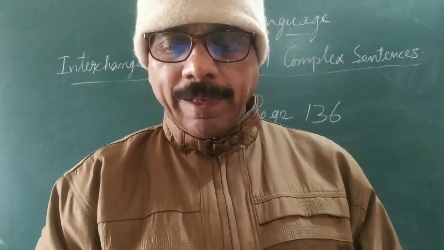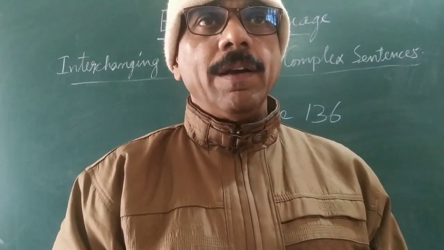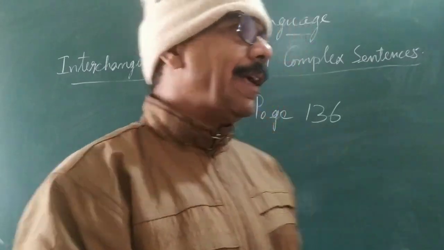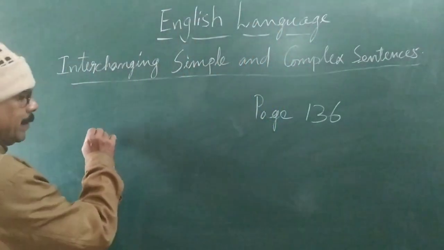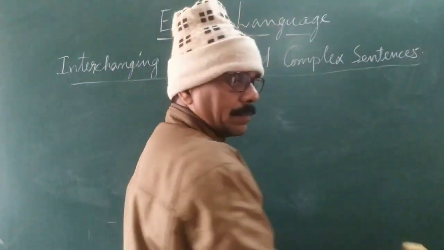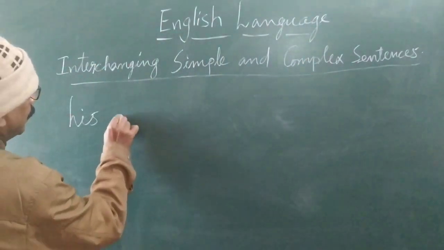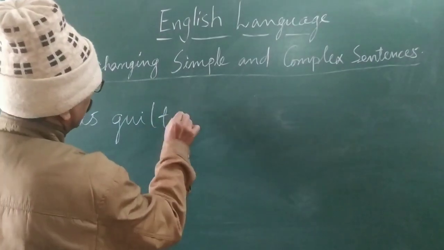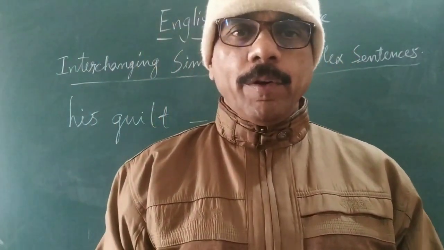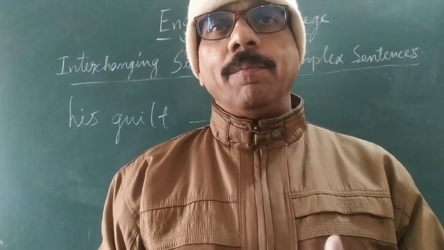He confessed his guilt. It's a simple sentence because there is only one independent clause. He confessed his guilt. So his guilt. What is guilt? Guilt is I feel bad for doing something. I have done something wrong and I am feeling bad about it.